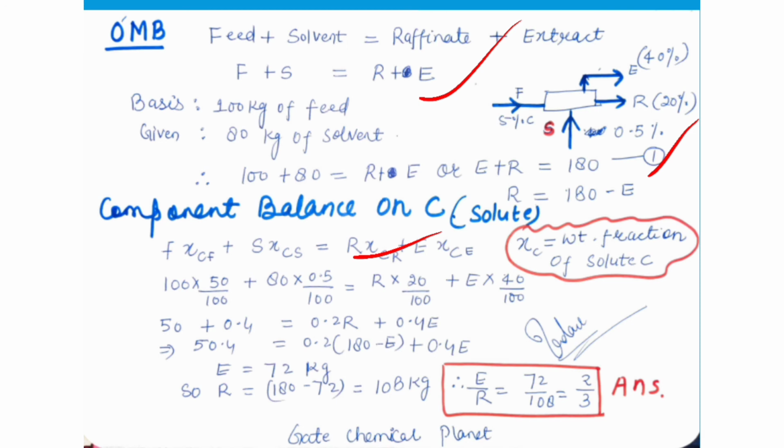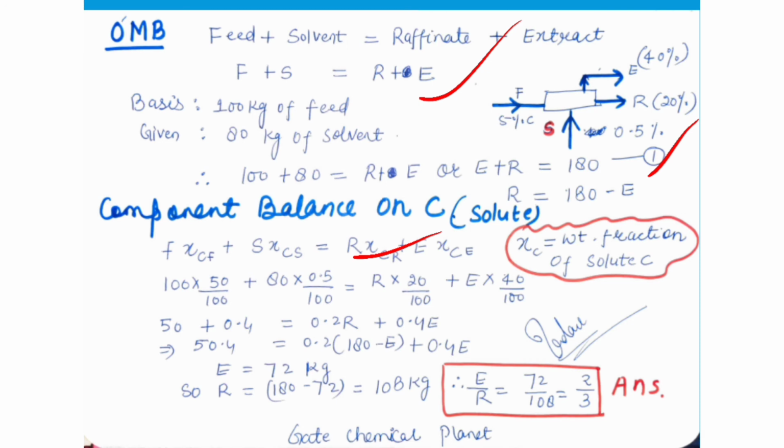Here 20% C is present in the raffinate, so R into 20 divided by 100; we can also write 0.20. Plus E into 40 divided by 100.